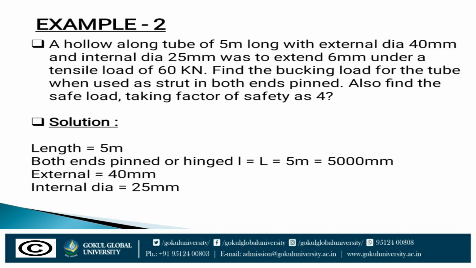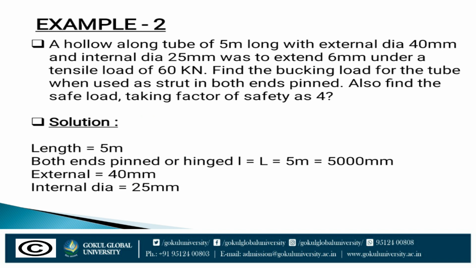Second example. A hollow long tube of 5 meter long with external diameter 40 mm and internal diameter 25 mm was found to extend 6 mm under tensile load of 60 kN. Find the buckling load for the tube when used as a strut with both ends pinned.